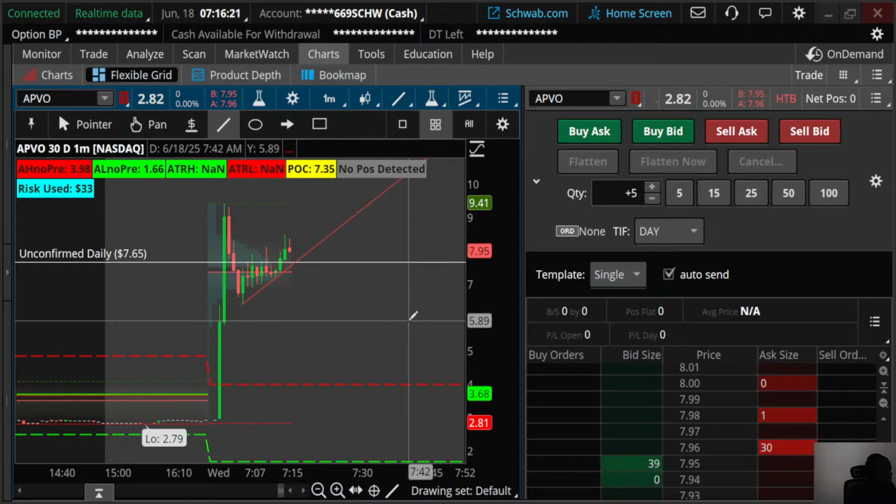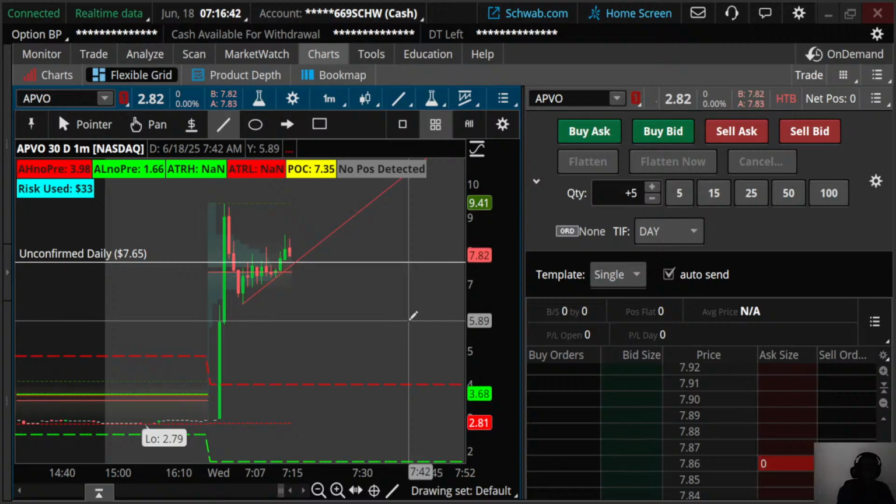Looks like APVO has an ATR of $1.55. Yesterday it closed with an ATR of $1.16. I want to see a breakdown of this imaginary line.